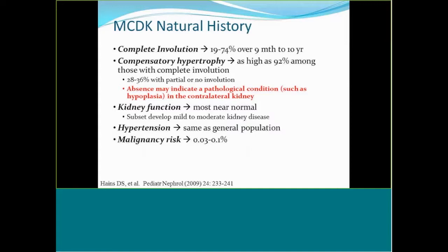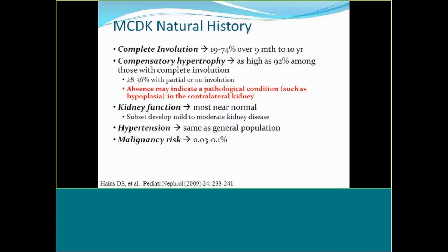It used to be thought that these kids had a propensity to develop hypertension. We now know with longer studies over time that their risk for hypertension is actually the same as the general population. Similarly, it used to be thought that there was an increased risk of malignancy in these kidneys, which is why they used to be removed. They generally are not removed now because the malignancy risk, again, is not really any different than the general population, about 0.03 to 0.1%.